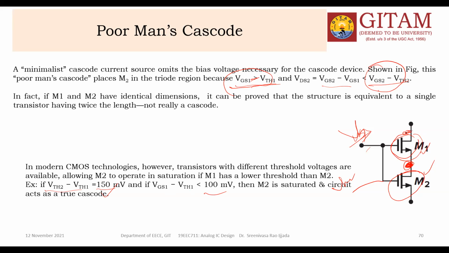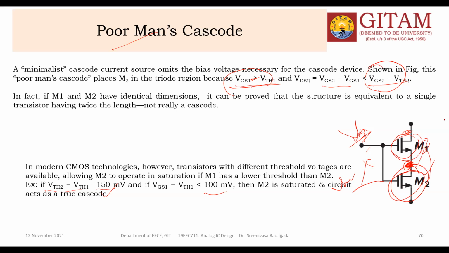Clear? Earlier, when we started the concept of the poor man's cascode, I told you that this is not good, but it is good only when we have two transistors with different threshold voltages.